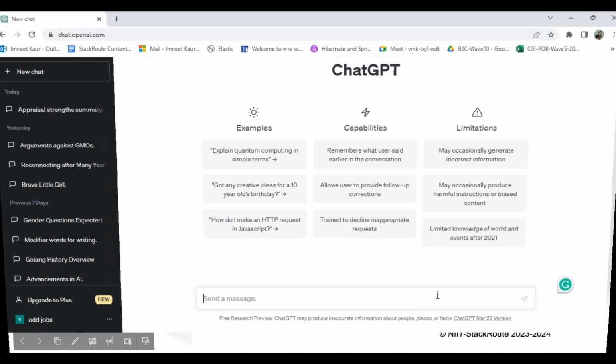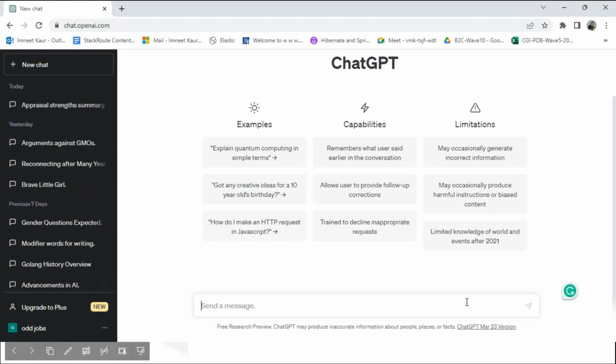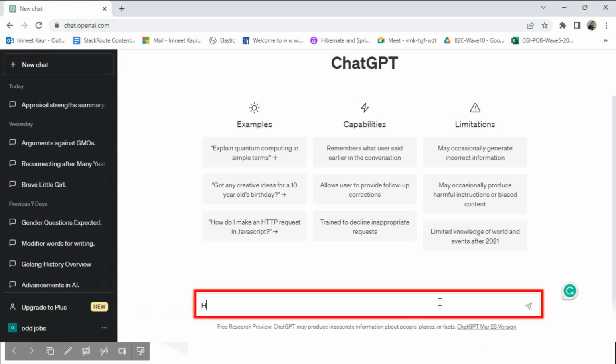So let us type the first one. How does the experience of watching a movie in the cinema compare to watching it at home? And now let's press enter.